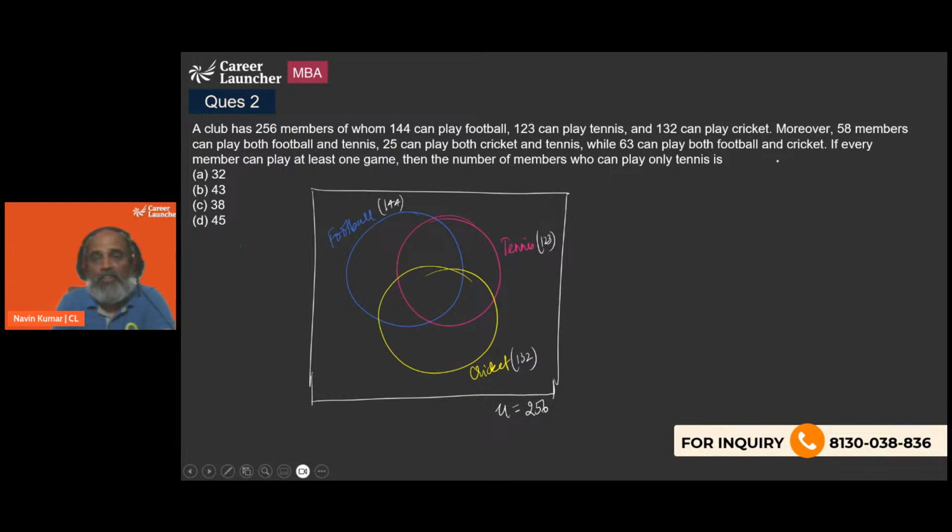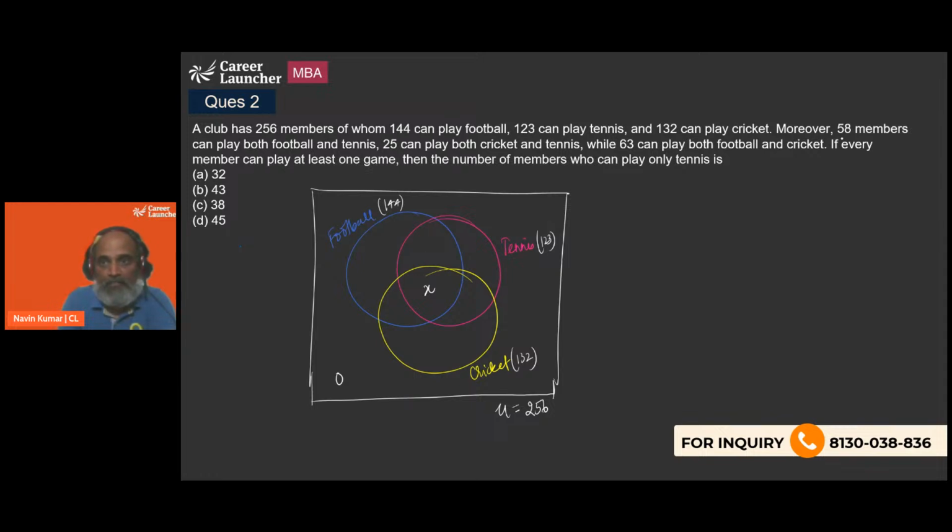It is also given that every member can play at least one game, which tells us that the region outside is going to be 0. There is nobody who doesn't play any of the 3 games. Now, the common region is the central region, enclosed by three boundaries, one pink, one blue, one yellow. I'll take that as x.